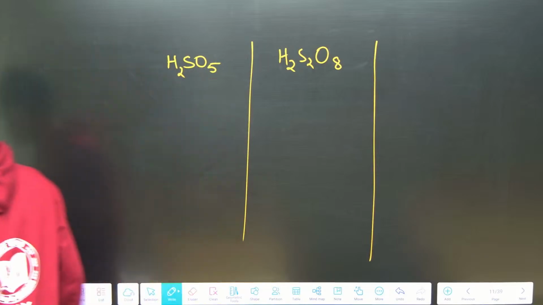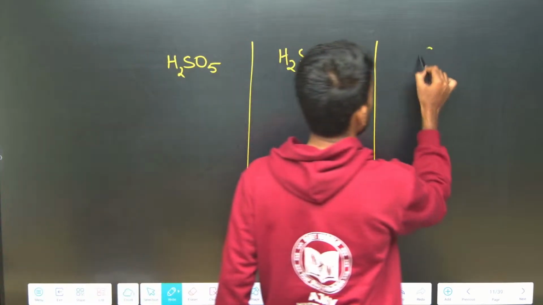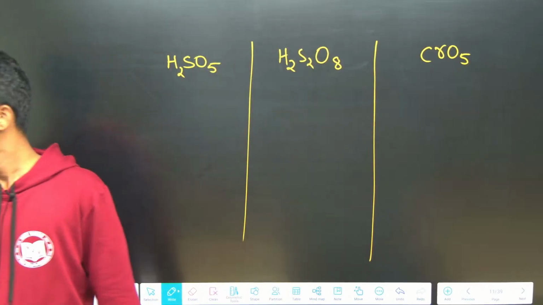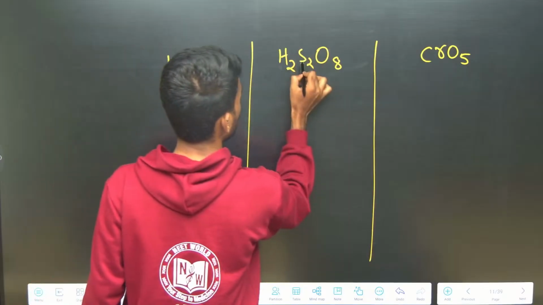H2SO5. Next, CrO5. Find this fast. So oxidation states of sulfur atoms here and chromium atom here.